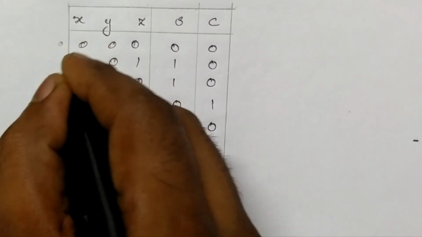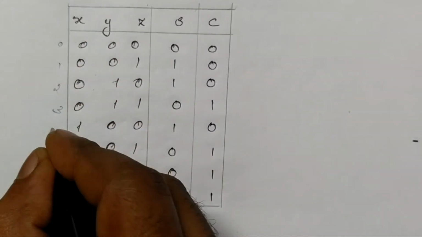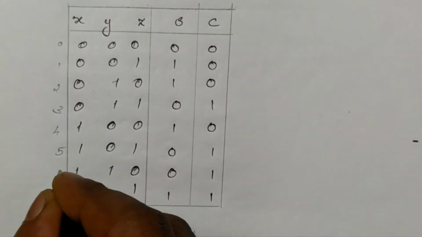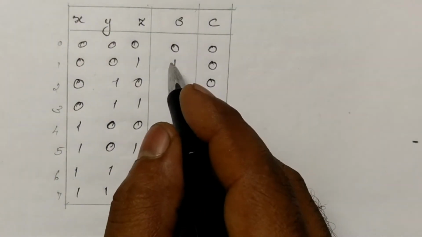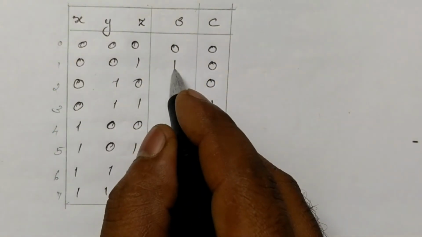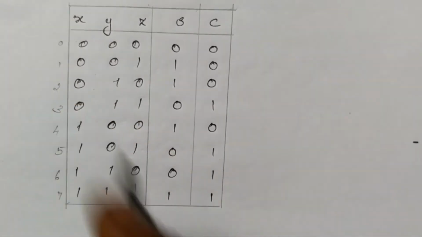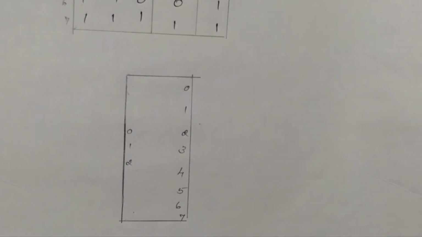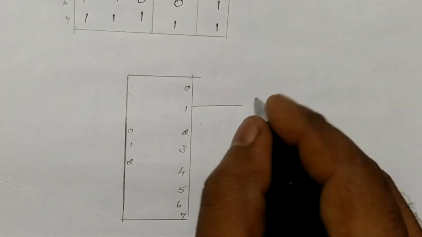Okay, so here it's equivalent 0. Here 1, 2, 3, 4, 5, 6 and 7. Okay, so for sum, here we are having 1. So respective input equivalent is 1. Okay, therefore at the decoder, first output we need to take.